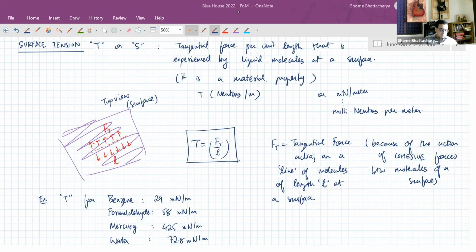In that sense, even francium and cesium are semi-liquid. Gallium can also be called semi-liquid. Anyway, these are just examples of values of surface tension. You don't have to memorize these values.